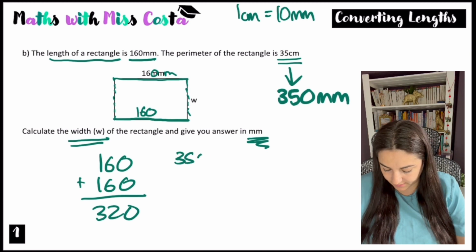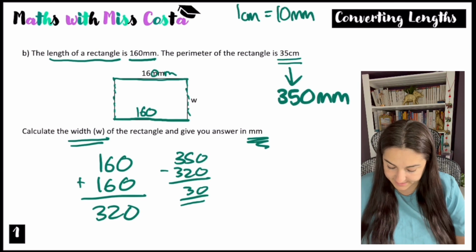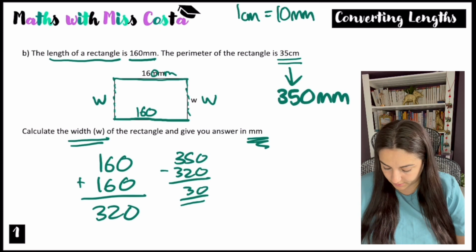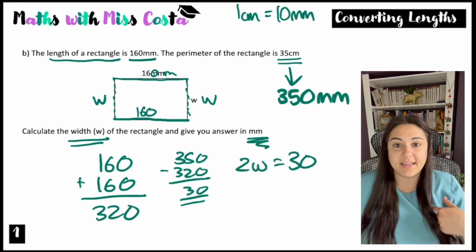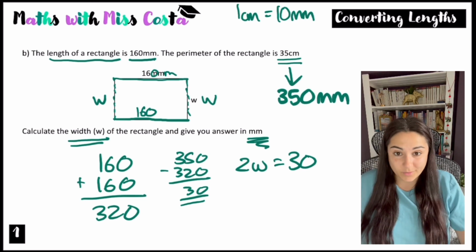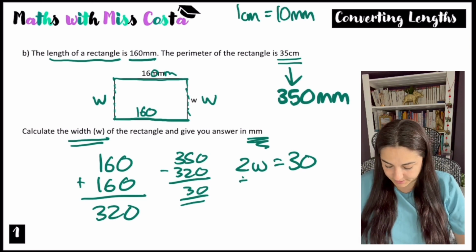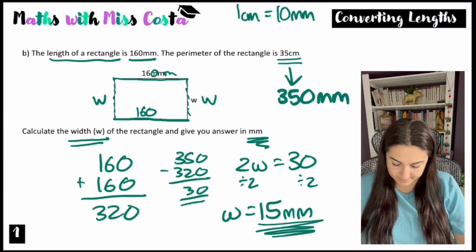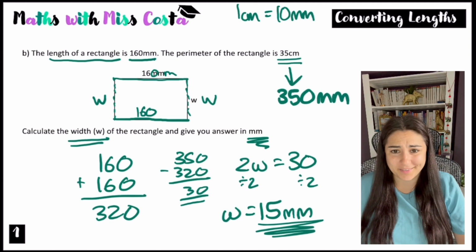So 350 take 320 leaves me with 30 millimeters. So I know that this W and this W, 2W must equal 30 millimeters, or both of these sides must equal 30 millimeters. They're both equal, so therefore I do 30 divided by 2, which gives me 15. So the width of the rectangle is 15 millimeters. Quite a small width.